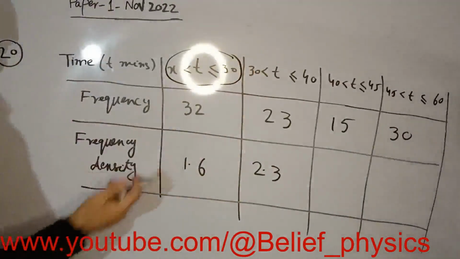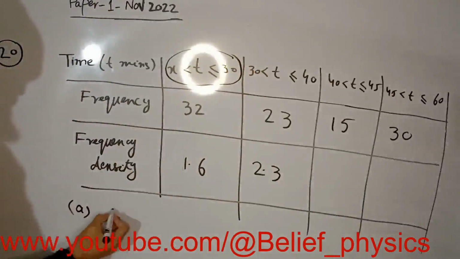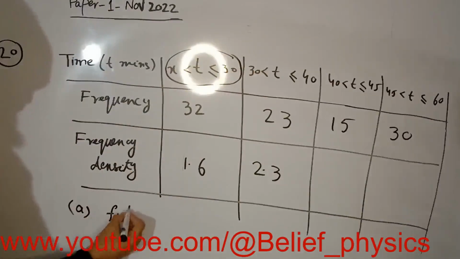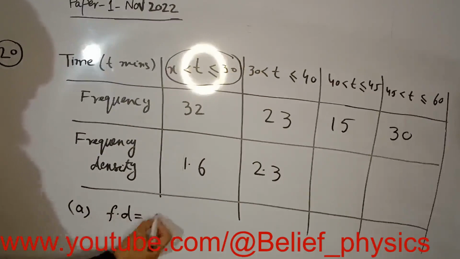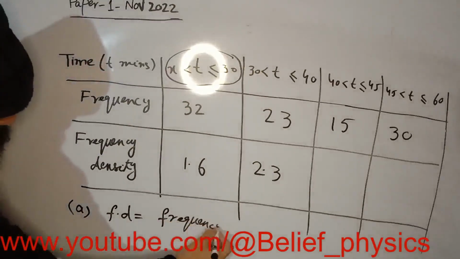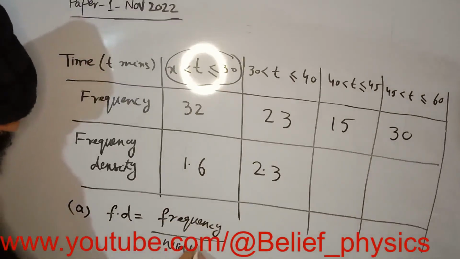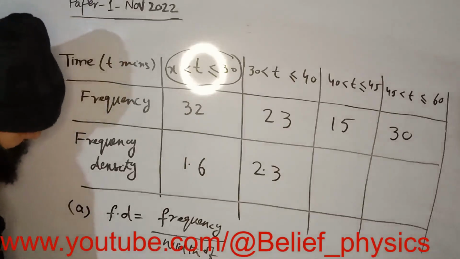Frequency density is given. We know that frequency density is equal to frequency divided by width of interval.